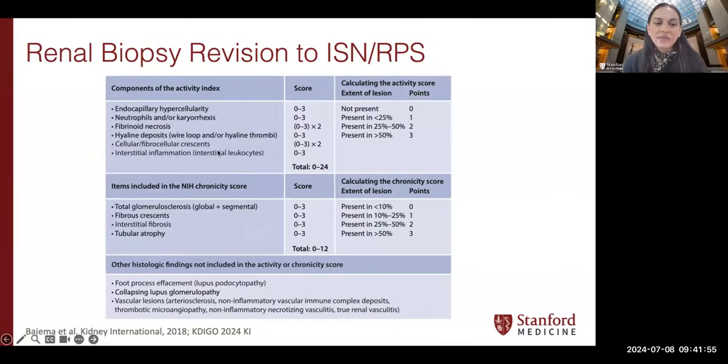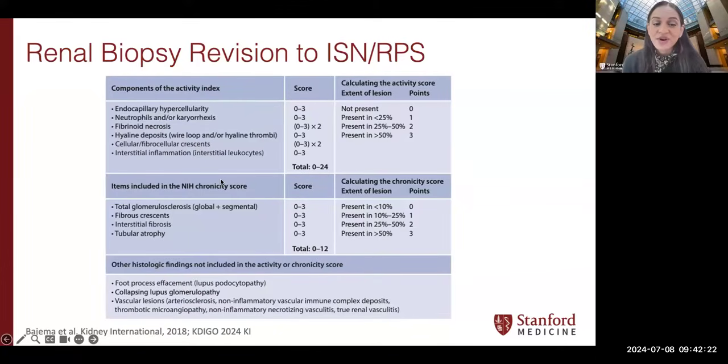So again, the definitions have been changing, and in 2018, basically they made the diagnosis of lupus nephritis through biopsy more specific. So before, they were reporting like endocapillary hypercellularity, but it was very vague. They just said, oh, there's this endocapillary inflammation, but now they report out all these different specifics.